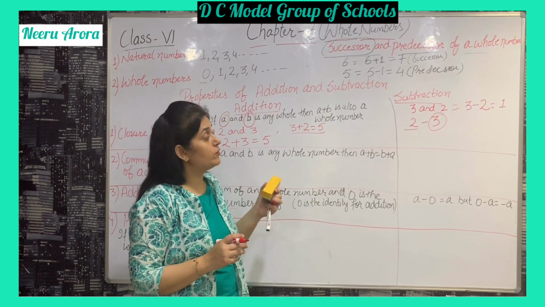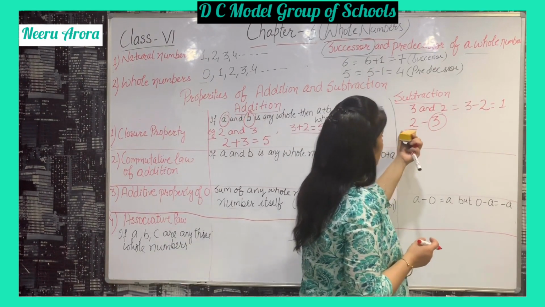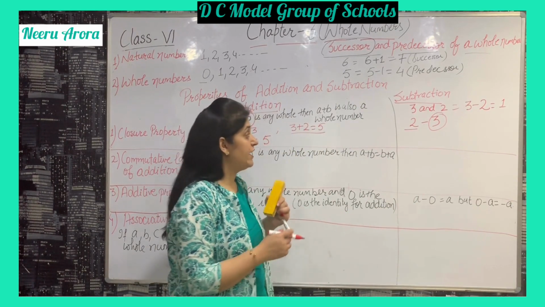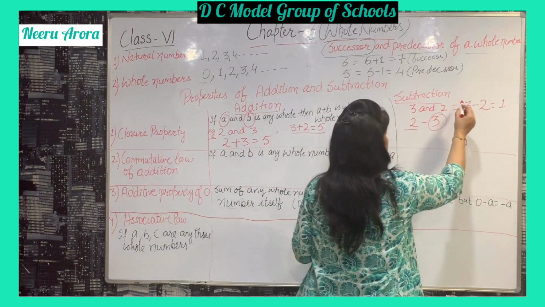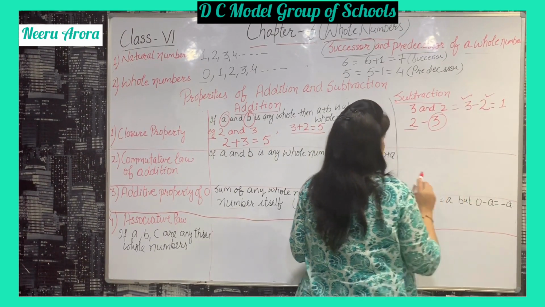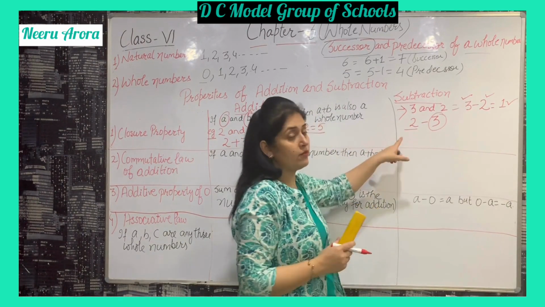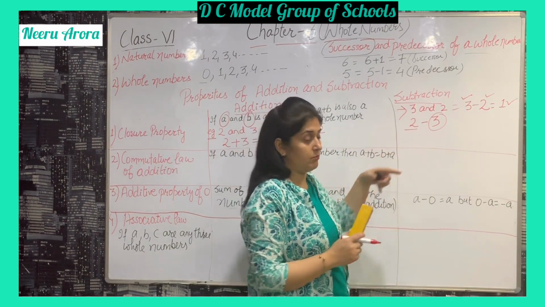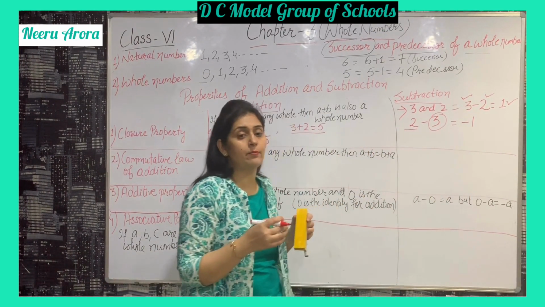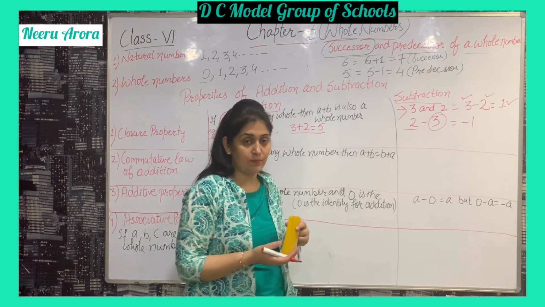You will do this concept in integers also. We are not able to subtract a bigger number from a smaller number. So if we subtract, we take the bigger number first and then the smaller number. Then the property holds. But if we take the smaller number first, then the bigger number, we get the answer -1. Basically, this is the concept of integers, which you will do in the next chapter.